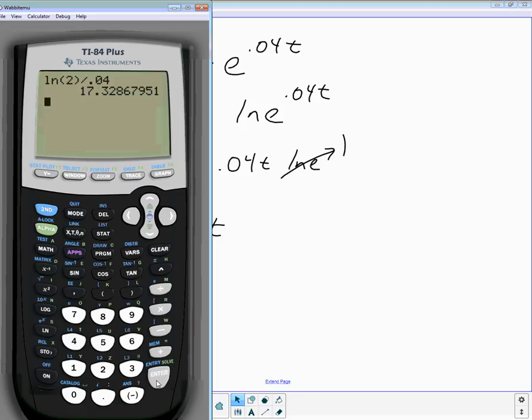Now, again, when you're dealing with these things, it is important to keep track of the words that they ask the solution in. For example, if we're talking about the population of elephants in a jungle, you can't have 17.3 elephants. So you always have to ask your question: should I have 17 or should I have 18, or things like that?